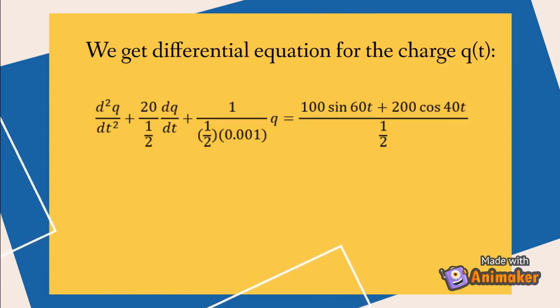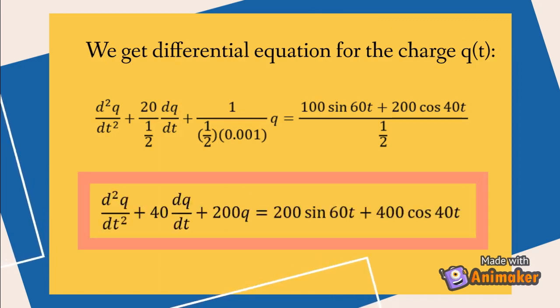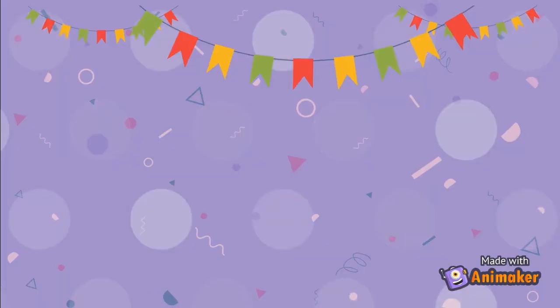So we get the differential equation for the charge Q(t), which is d squared q per dt squared plus 40 dq per dt plus 200 q equals 260t plus 400 cos 40t.